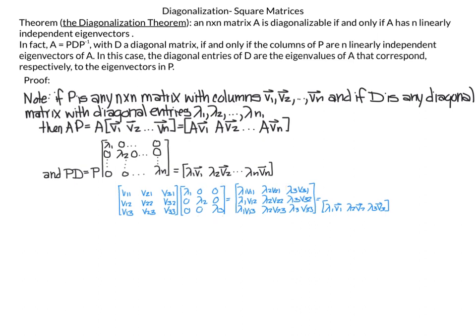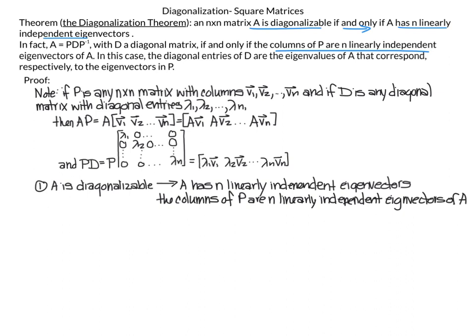And then finally, I have my lambda 3 picking out my v31. And you can see I do the next row and then the other multiplications. And what I get is lambda 1 times my first column vector, lambda 2 times my second column vector, and lambda 3 times my third column vector. So this fact here, I will be using in our proof.